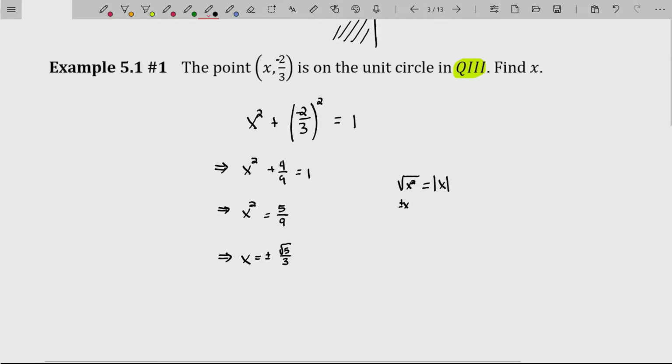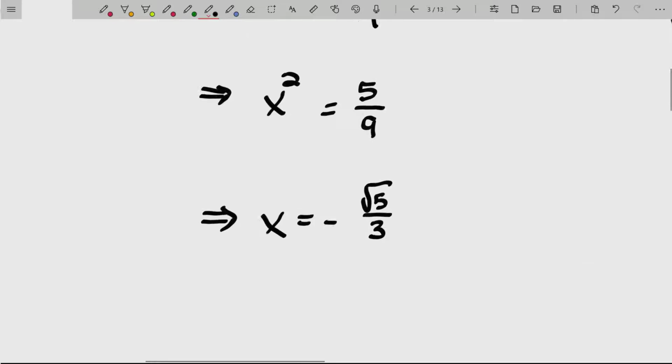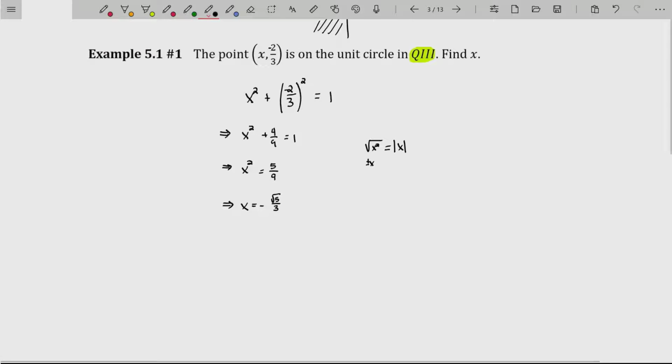So of the two options for this x, we will choose the negative option because again, that point is in quadrant 3. So the actual point will be negative root 5/3, comma, negative 2/3, because of that negative y value that I forgot to write in there.